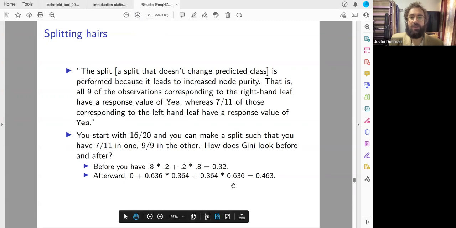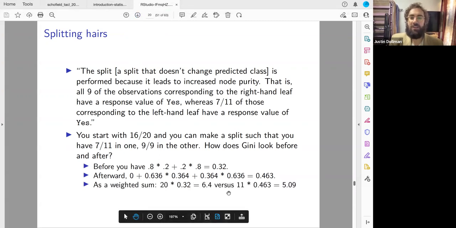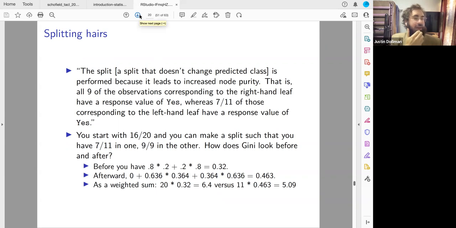Then you can calculate the Gini for the other one, and you get 0.463, and you say, oh no, it's higher. But then you weight them by how many observations there are, and you see that if you had not made the split, you would have a total of 6.4, whereas after making the split, you have 5.09.